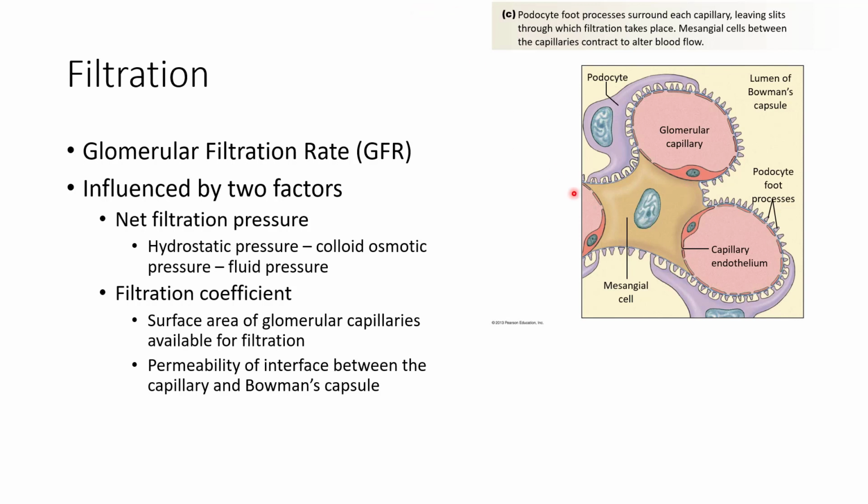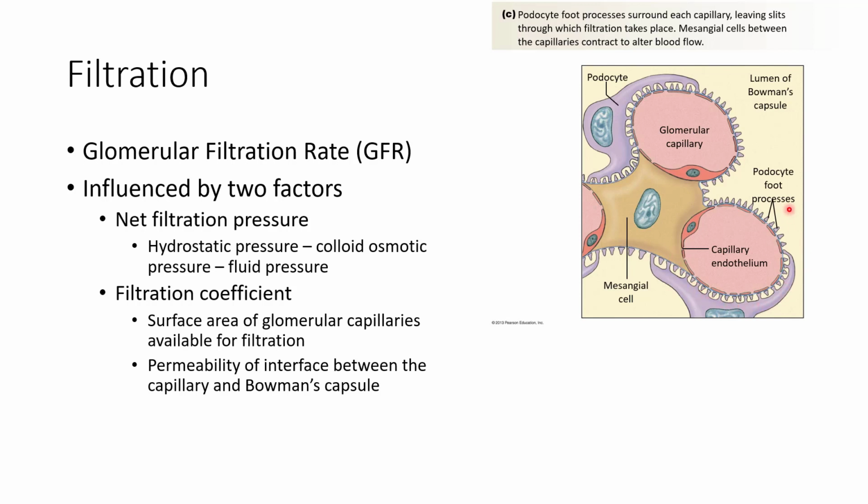The other aspect that's going to dictate what our filtration rate is what we call the filtration coefficient. And that is established by the surface area found within the capillary and the permeability between the capillary and the Bowman's capsule. And what you'll notice is where we have these capillaries come in, we have these specialized cells that are called podocytes.